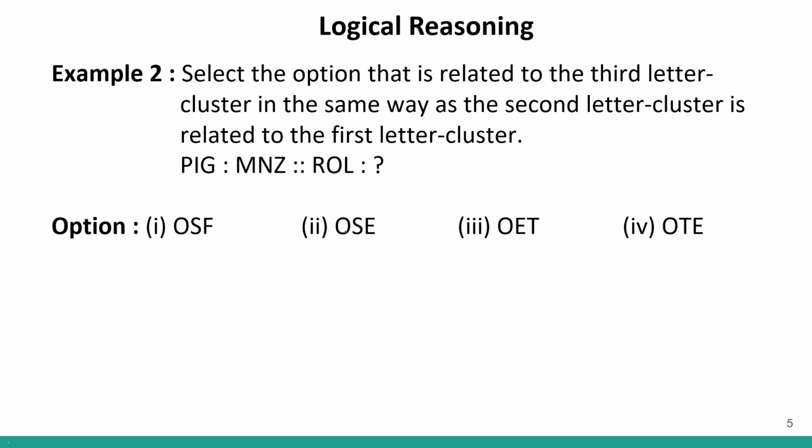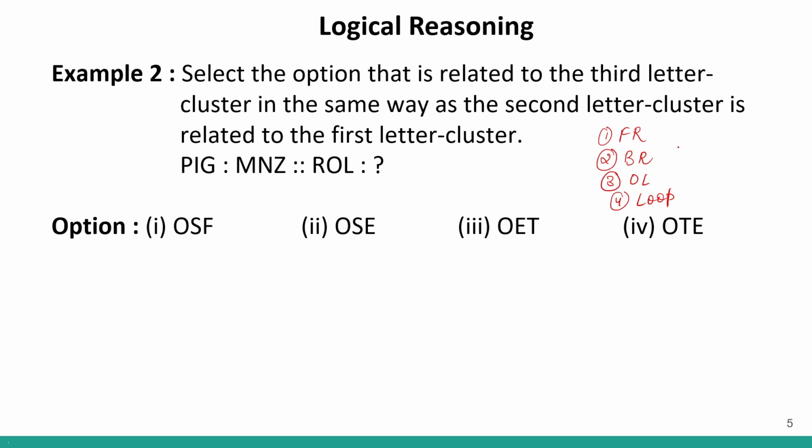Clear? Now, we have a question like this. This is a question on analogy, specifically alphabet analogy. Whenever we get questions on alphabet analogy, I told you four concepts. The first concept was forward rank. The second was backward rank. The third was opposite letters. And the fourth was looping.